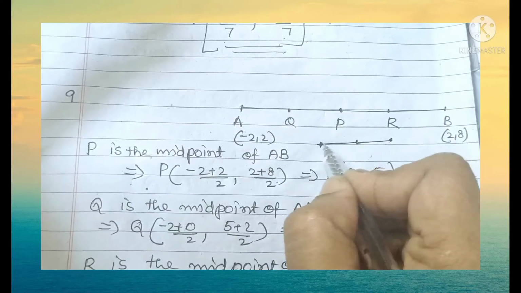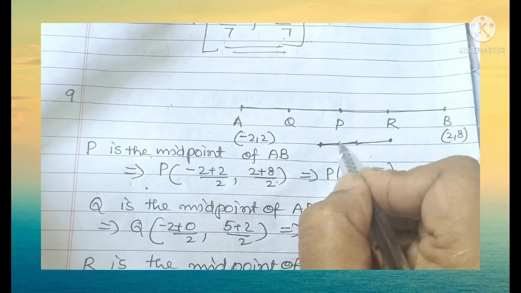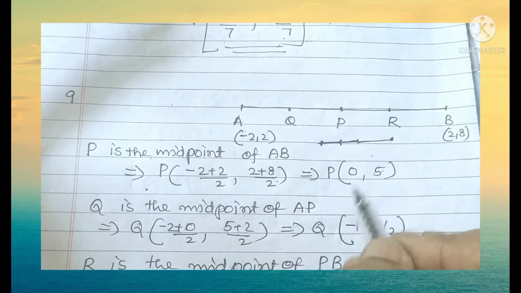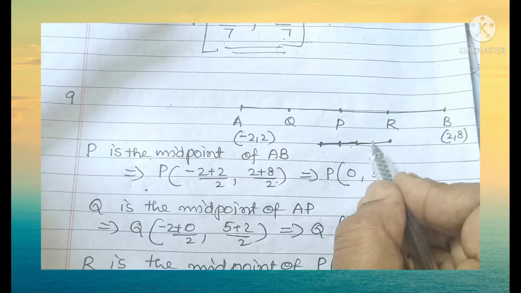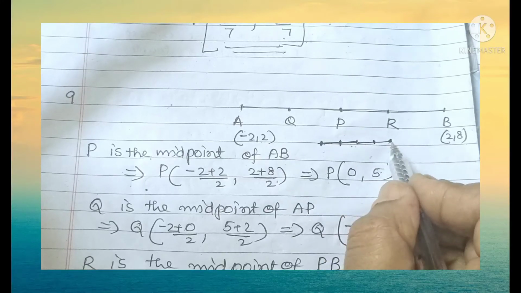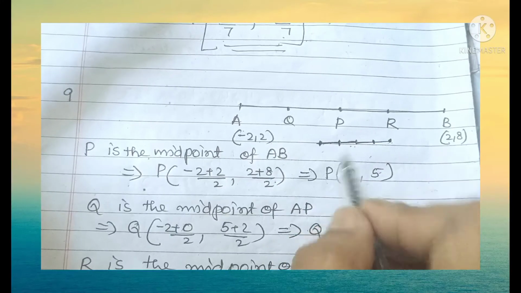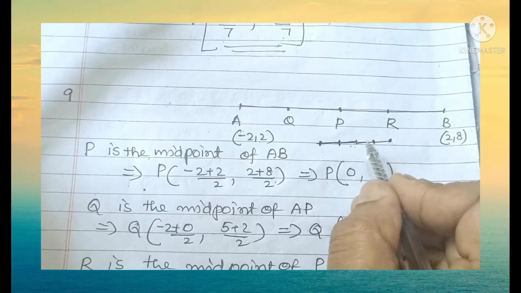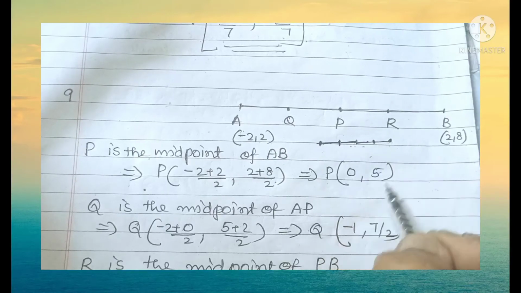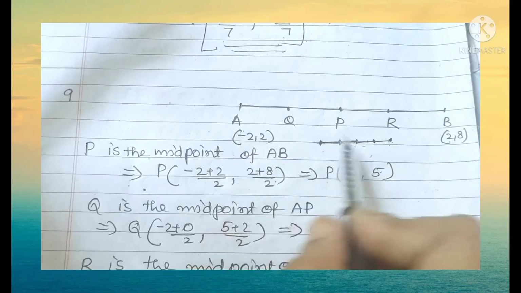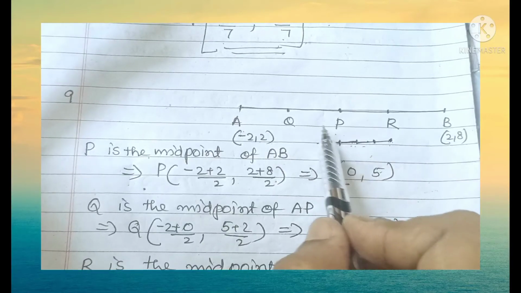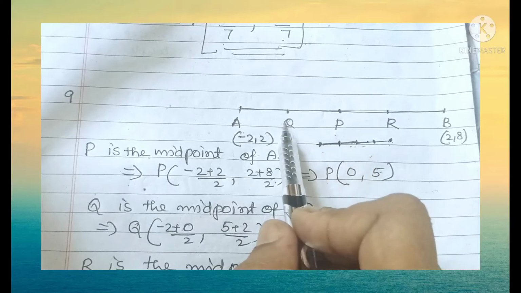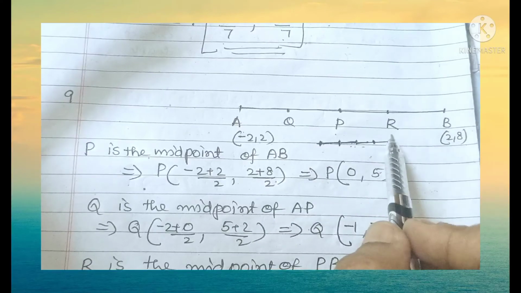Again I take the first half, then find the midpoint, then we will get 2 equal parts. The same way we can divide the next part of the line segment. So using that method I marked AB first, then P, then midpoint of AP is Q and midpoint of PB is R.